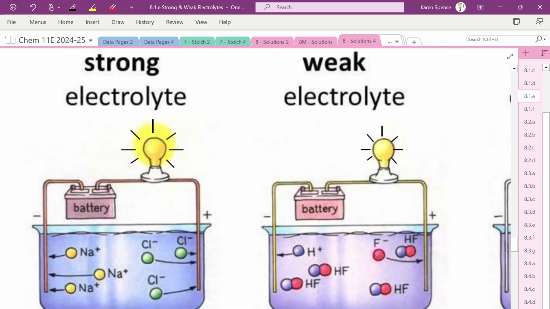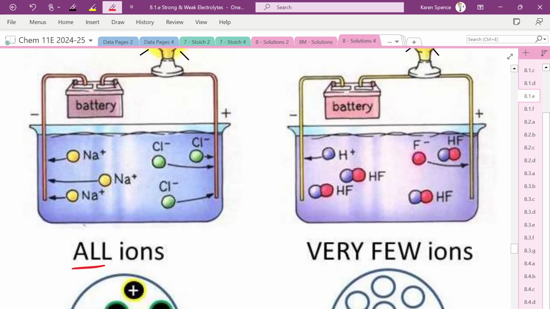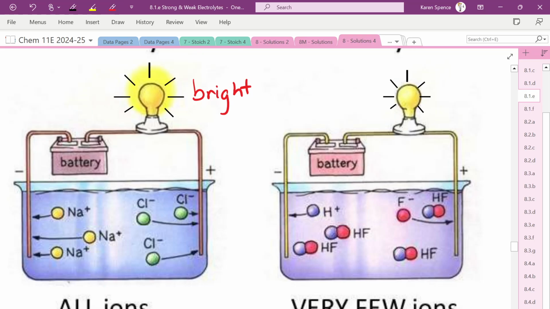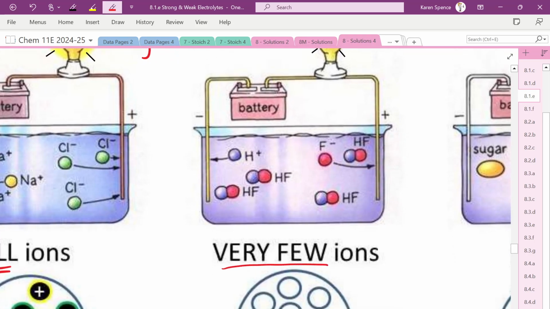So here we have a strong electrolyte. You'll notice everything is ions, all ions. And so we get a good conductivity, and the light bulb is bright. Here we have a weak electrolyte where we have very few ions.